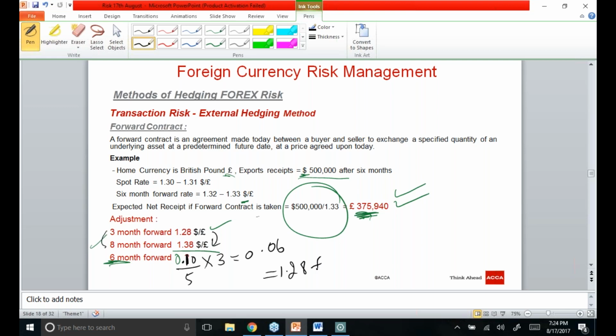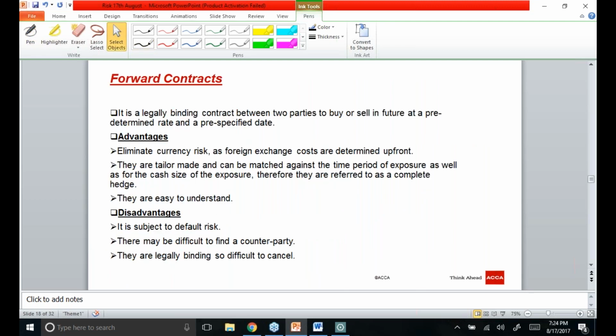So 1.28 plus 0.06. The 6-month forward will be 1.34. So that's how you're going to solve the missing forward rate. This is interpolation, which we have discussed here.